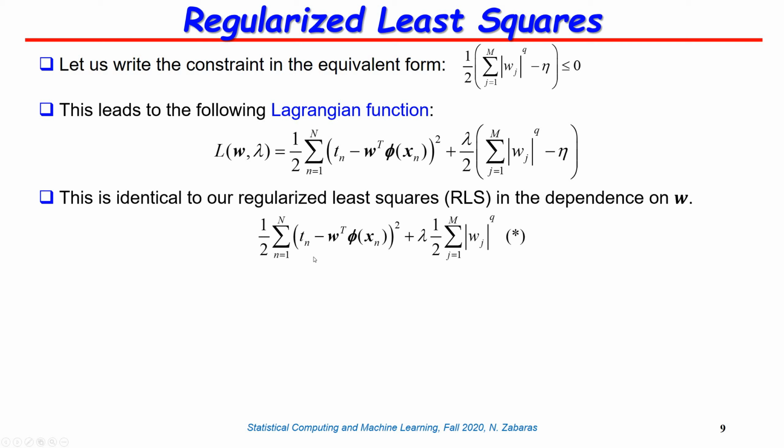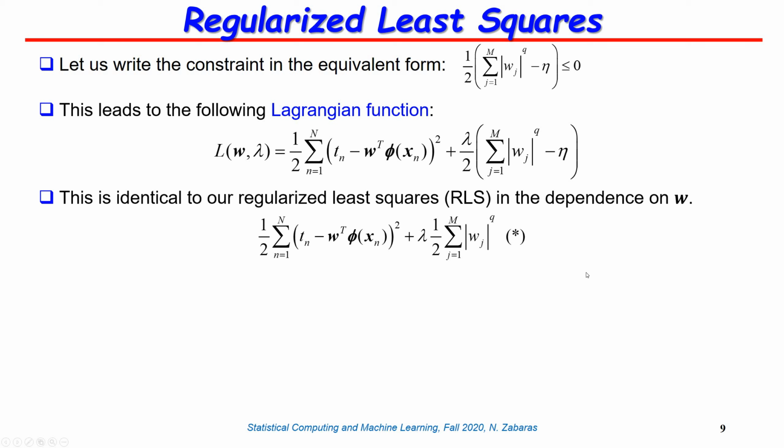So the dependencies on W require minimizing this, and minimizing this is the same as the regularized least squares problem that we have seen a few slides ago. This is what we call the ridge regression problem for q equal to 2, but for q equal to 1 it is the Lasso regression, or you can have any other q there.